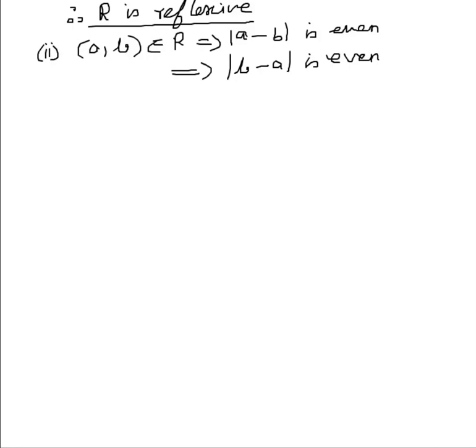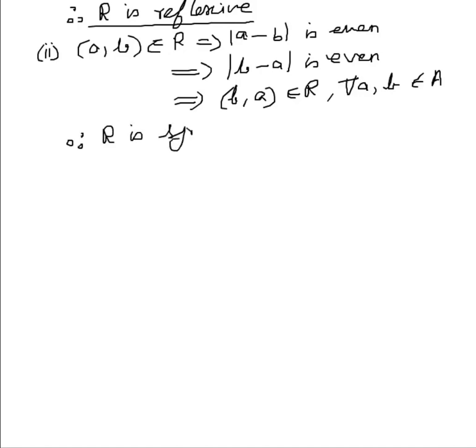Because of absolute value sign, both are positive. Therefore, I can say that (b, a) belongs to R. And it is true for the two elements a and b taken from the given set A. Therefore, I conclude that R is symmetric.